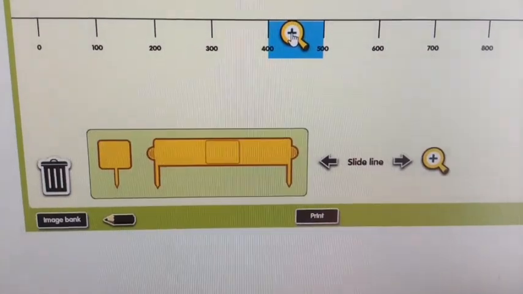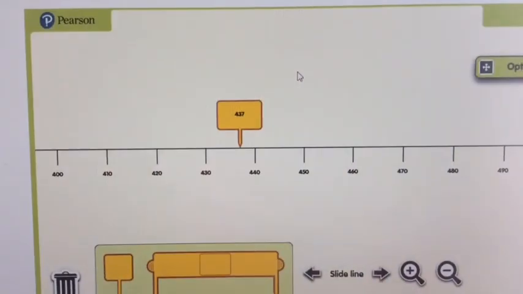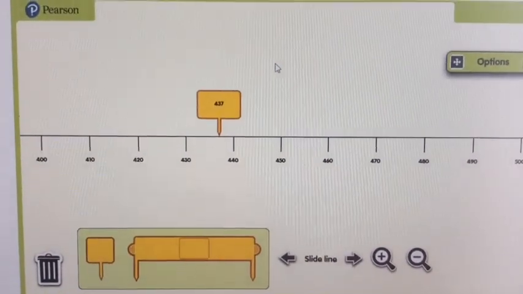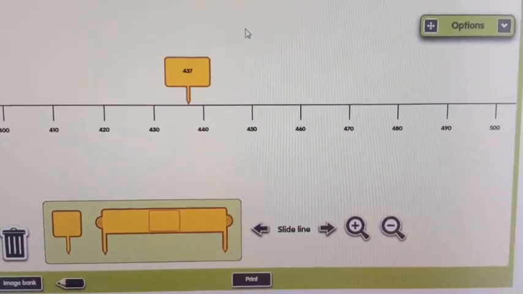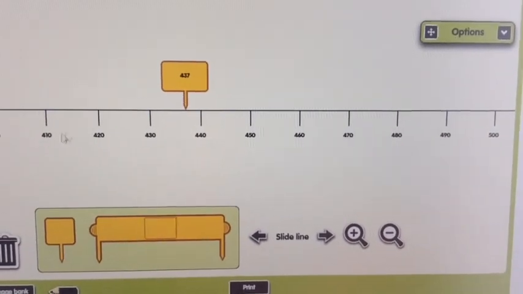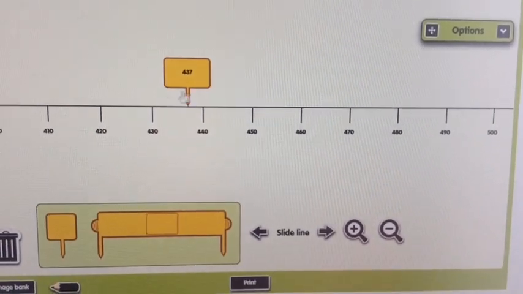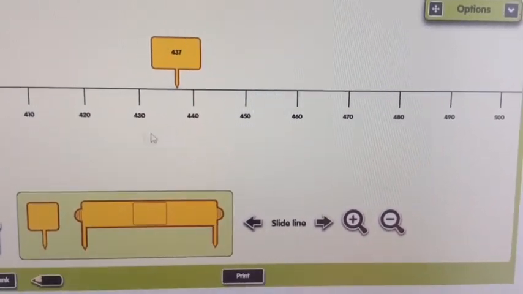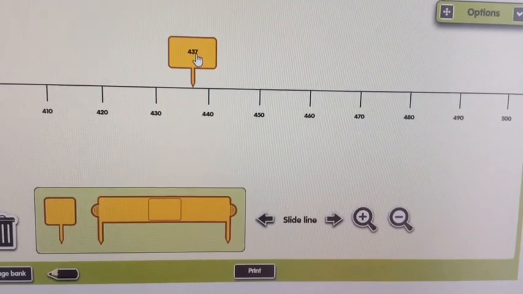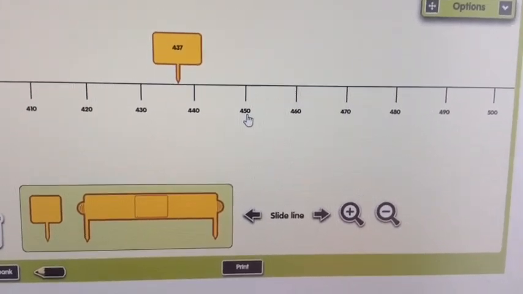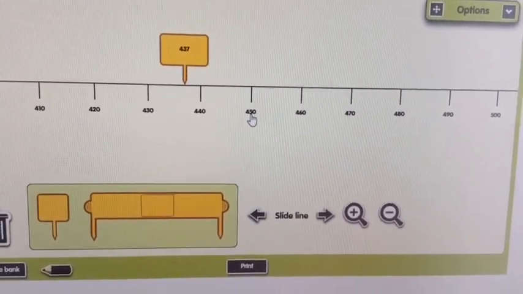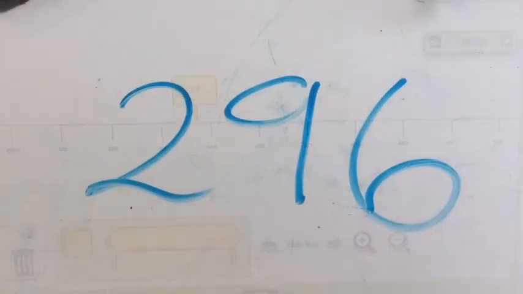So let's zoom in there. It's here on the number line. You can see it's much closer to 400 than 500, so we'd round it down to 400. Again, look, 37 is smaller than 50, isn't it? So you'd round it down.